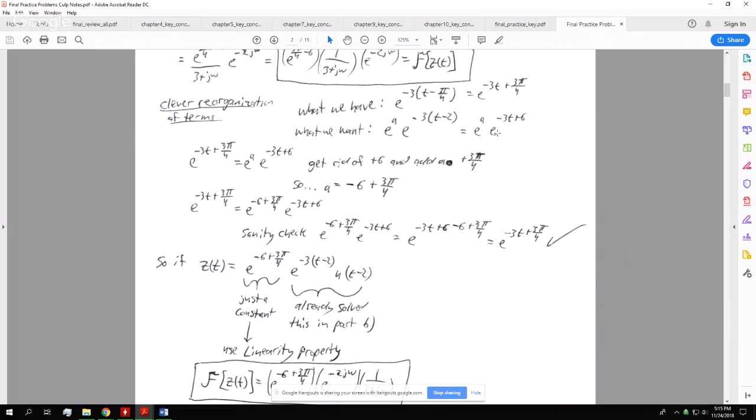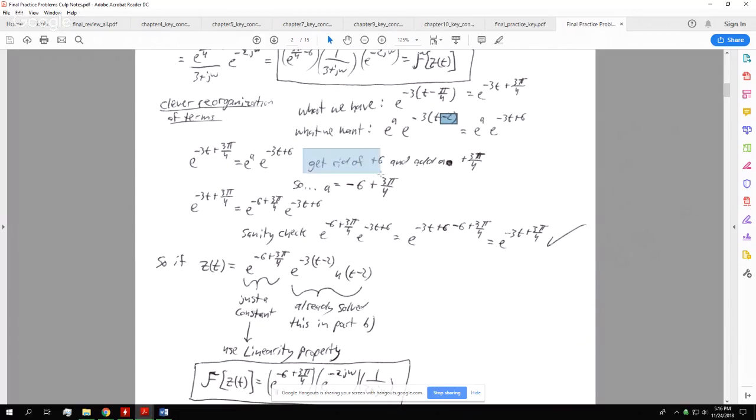So the way we do that, well, the first thing I did was, I have some e to the a, but I distribute this -3 to this t and this -2, which I did here. And then what do? Well, I need to find some value that will cancel itself so that I can legally put this 2 in here.